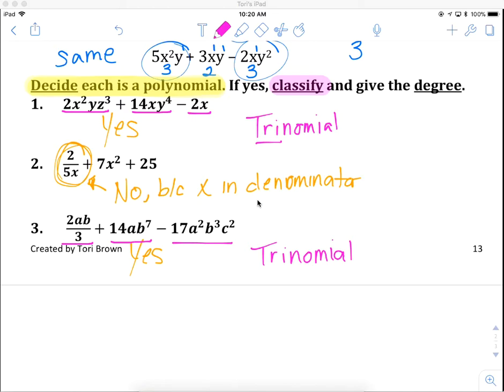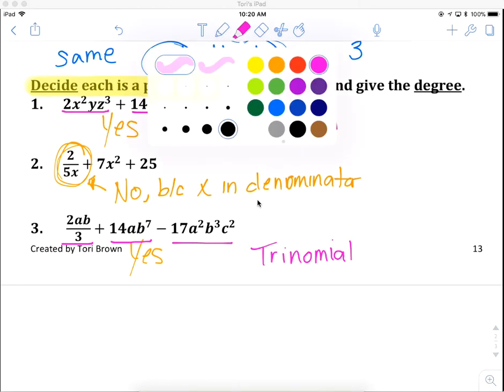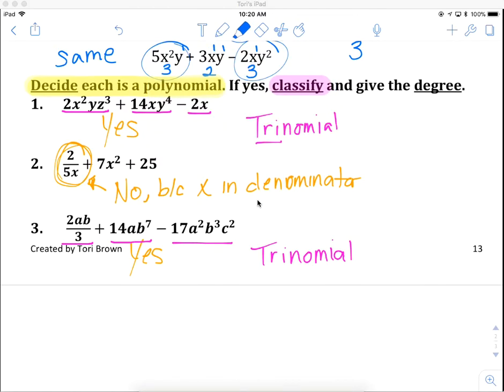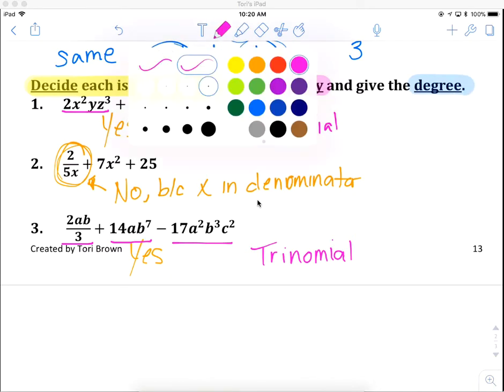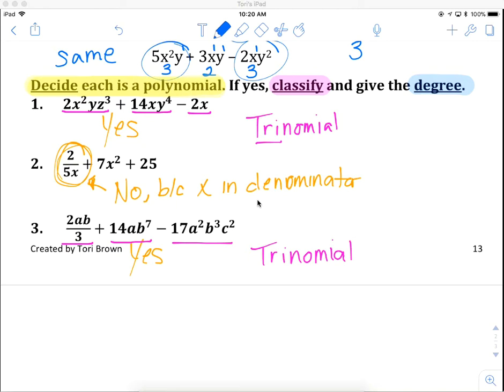We have 1 piece left to our question. You're going to have 3 parts to the questions. The last one is the degree. Remember that when we're answering for degree, we have to find the highest degree out of that whole polynomial. We have to find each term and then figure out which one's higher. Okay? So on this first guy, we have a 2 plus a 1 plus a 3.